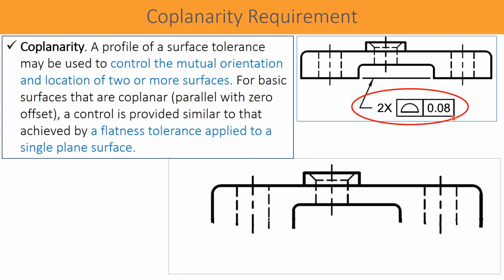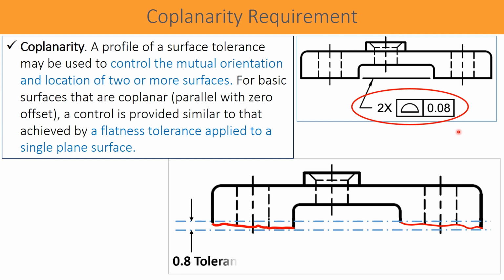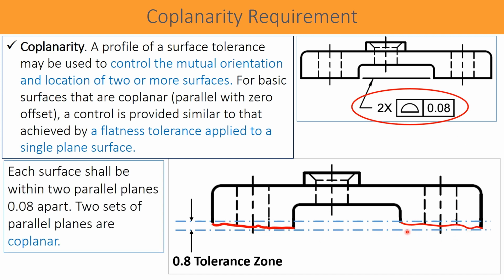For example, this is an actual surface. This is a tolerance zone line or plane. This is the parallel plane of tolerance zone of 0.08. So these two surfaces must be within the tolerance zone of 0.08.